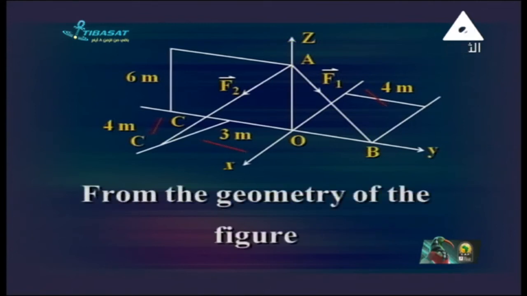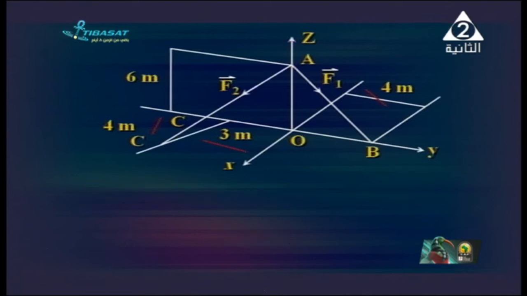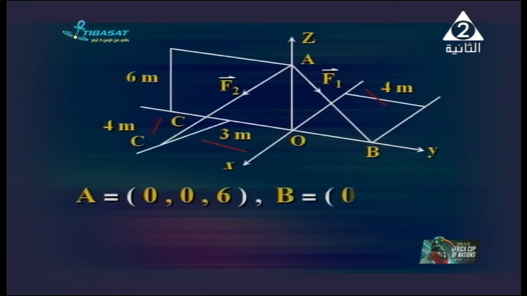From the geometry of the figure, we know that point A lies on the Z axis. Then, from the figure, we deduce the coordinates of A are (0, 0, 6), so OA equals 6 meters. What about point B?